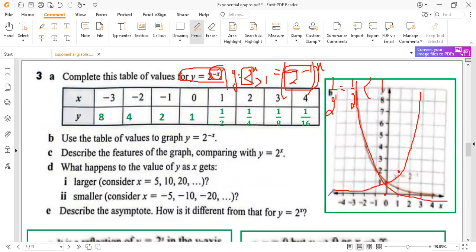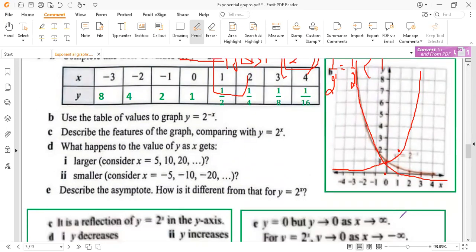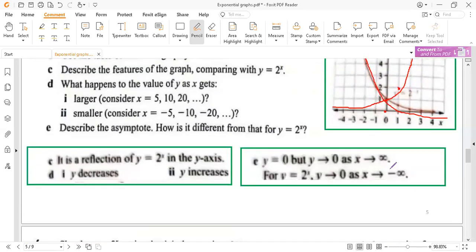The form of the graph is directly related to the value of a. So what is the difference between 2 power minus x and 2 power x? We have two graphs that are mirrors of each other with respect to the y-axis.